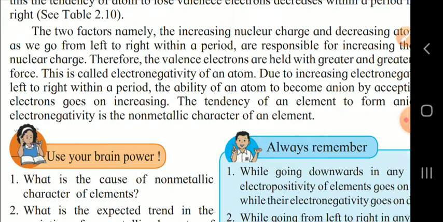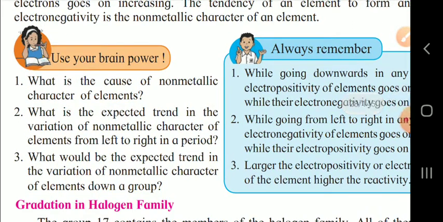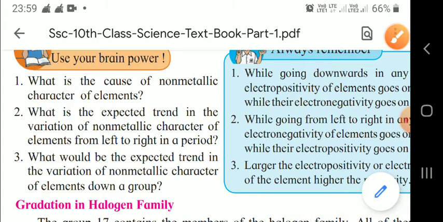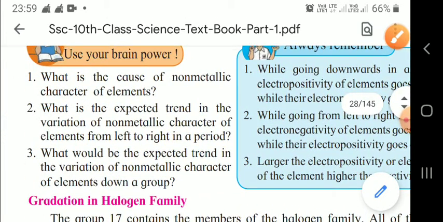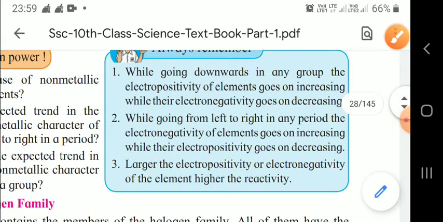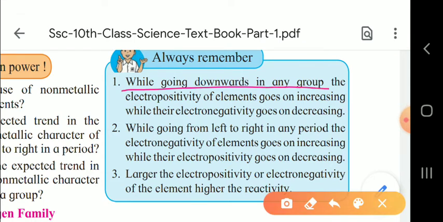Now, just try to write the answers of these questions, first, second, third, in your book, and you have to learn this. What you have to remember: while going downward in any group, the electropositivity of the element goes on increasing while their electronegativity goes on decreasing.